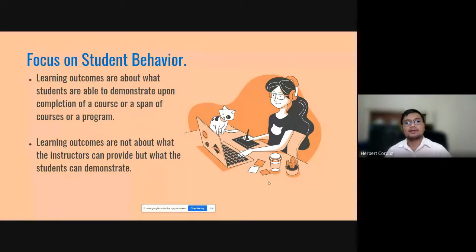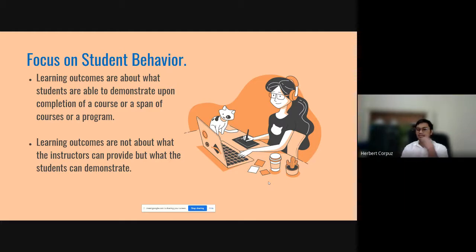Now, when we say focus on student behavior, learning outcomes are about what students are able to demonstrate. That's why we are referring here to the verb or to the learning tasks that we would ask them to do. The learning task is the student behavior that we are referring to. Learning outcomes are not about what the instructors can provide, but what the students can demonstrate.